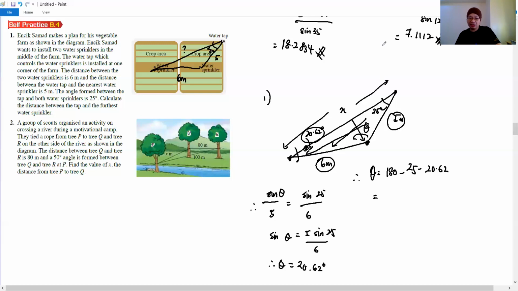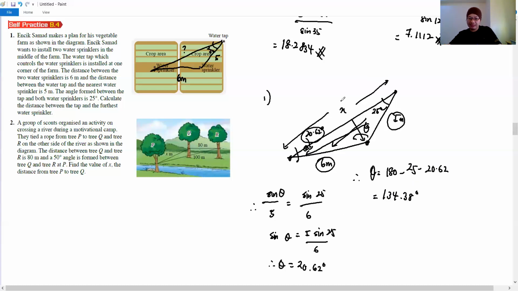So the angle here is obtuse, should be. The answer is 134 something, so 134.38 degrees. Okay, so this answer here is not the final answer.